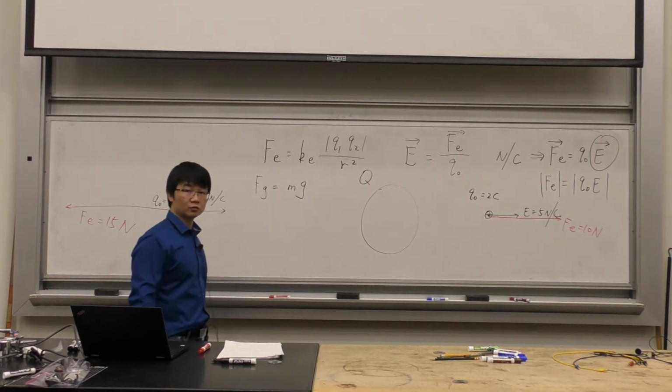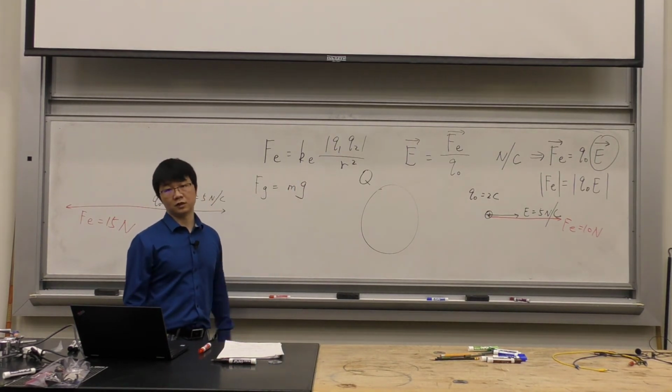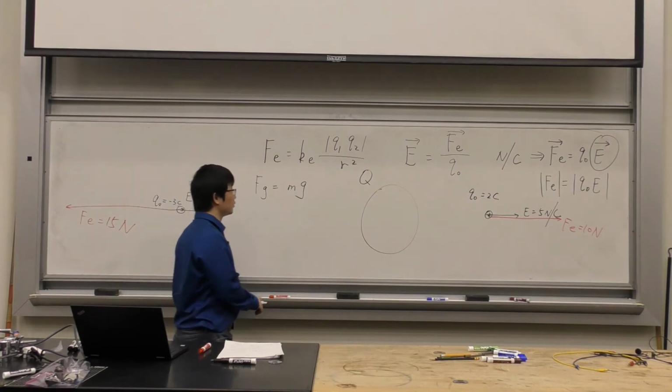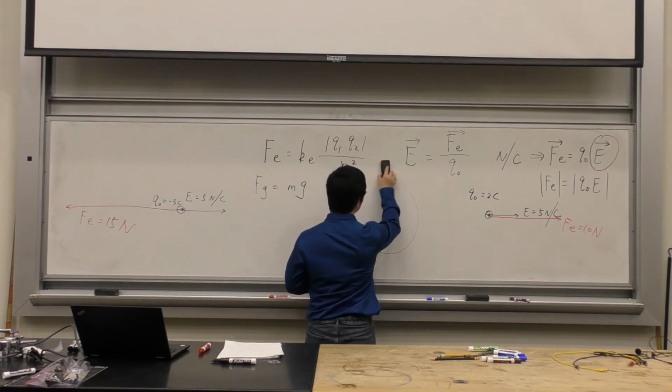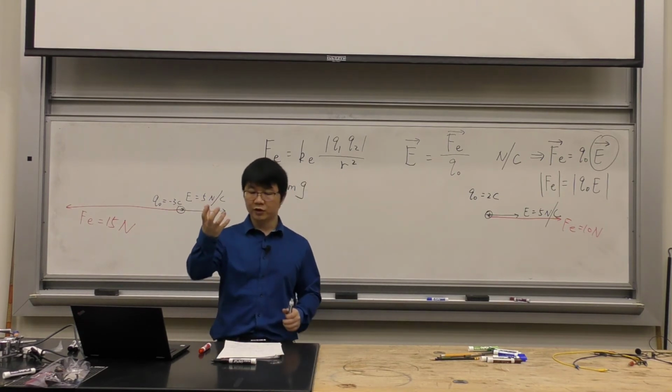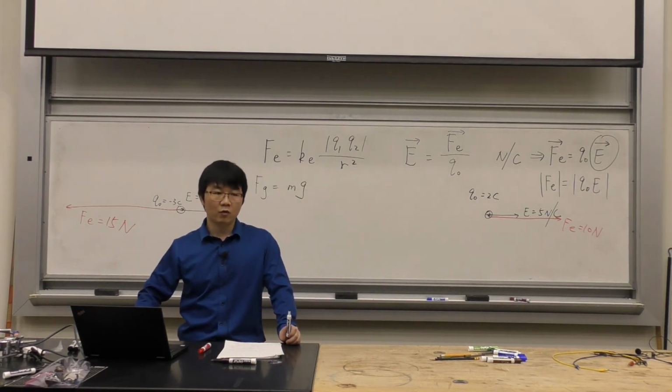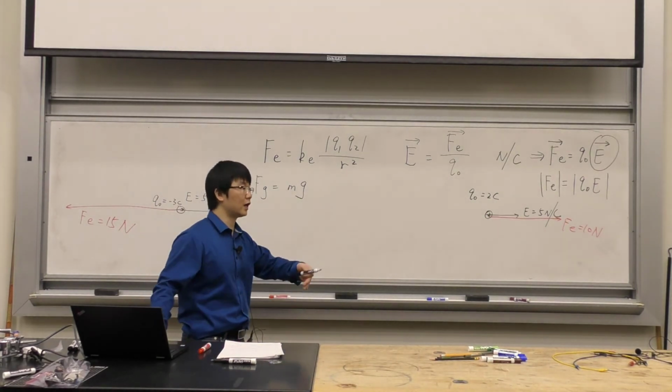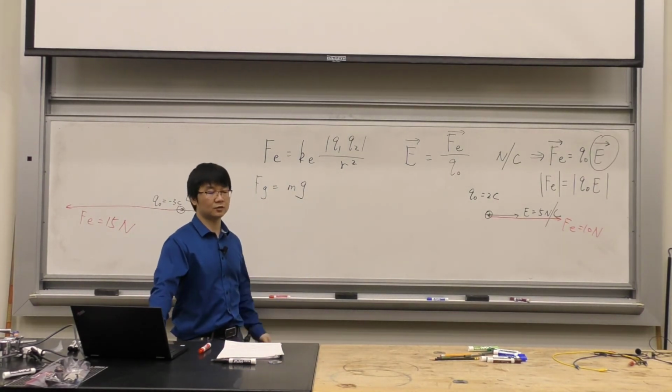M times little g. What is little g? 9.8, right? 9.8 meters per second squared. So that means when I ask you, I have a 5 kilogram object. What is the gravity on this guy? You would say, okay, 5 times 9.8. Do that. That's going to be the force on it.